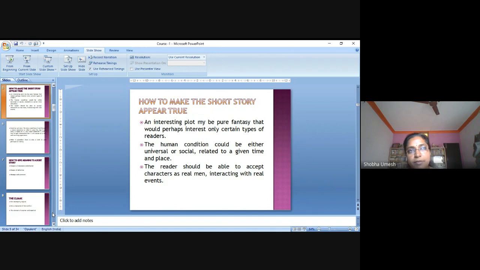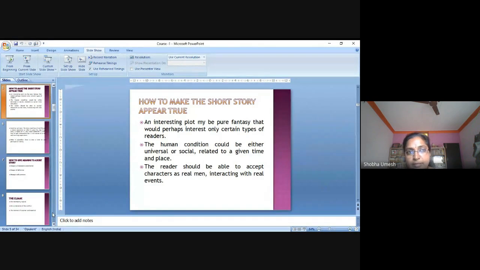Even now we have read a lot of stories. Just think about Shakespeare or other great writers who lived and perished in the past era. All of them have written with universal perception. Whatever characters we create, the reader should be able to accept them as real men interacting with real events, because literature is nothing but a mirror of society.